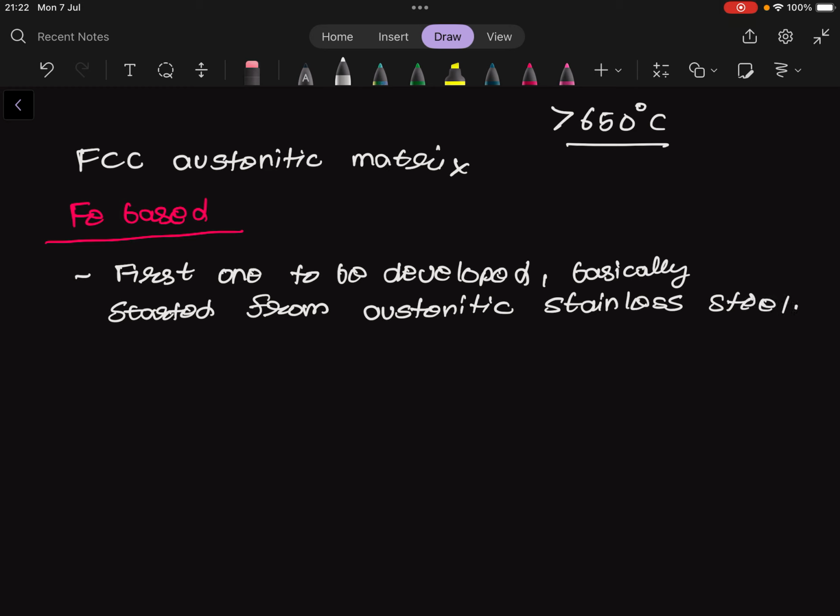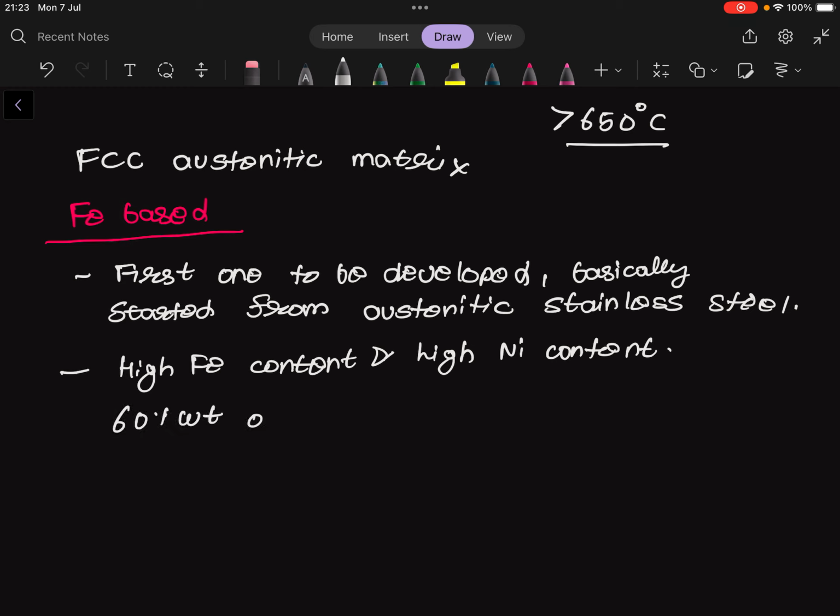In this kind of superalloy, we have high iron content and high nickel content. By high iron content, we mean it contains up to 60% by weight of iron, and it has a quite simple microstructure with few precipitates.